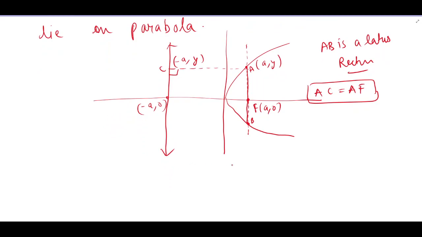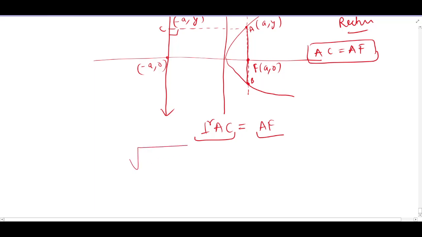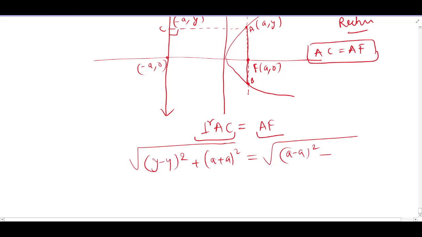So from the parabola definition, AC is equal to AF, that is, the perpendicular distance AC is equal to AF. So AC, by distance formula, is the square root of (y minus y equal to 0, my plus a) whole square equal to the square root of (a minus a) 0 plus (y minus 0) whole square.